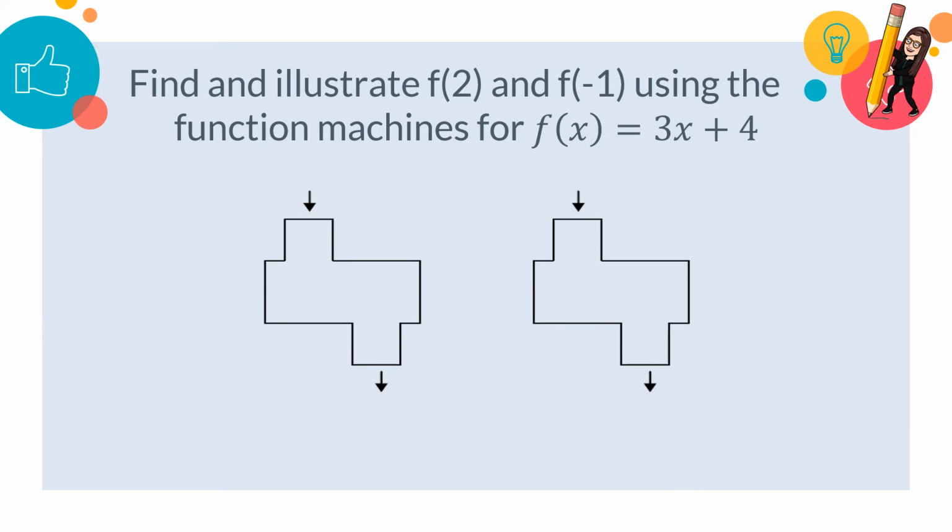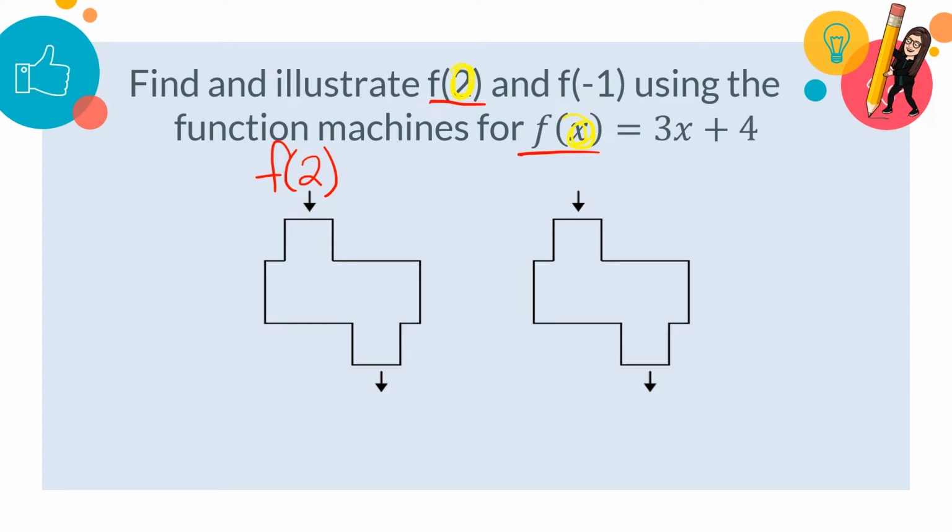On the front of your note sheet, let's use this idea of a function machine to help us calculate the first couple of examples. We want to illustrate f of 2. So you'll notice instead of f of x, it says f of 2. So you'll notice that the x has been replaced by a 2. So it's just telling me, hey, change the x's to 2's.